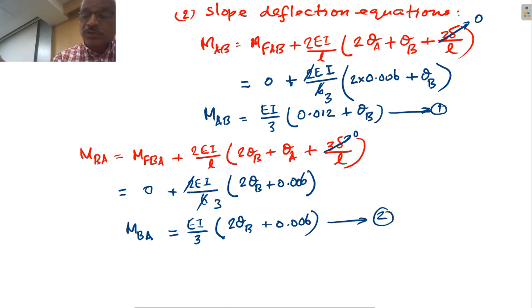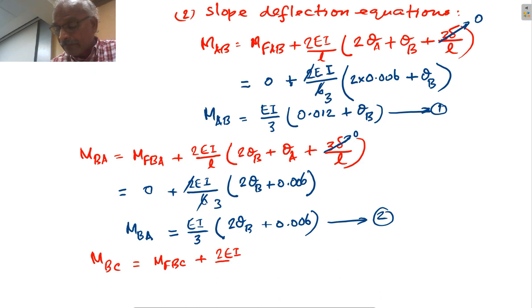Right. Coming to equation 3, MBC equals M of BC plus 2 EI by L into 2 theta B plus theta C plus 3 delta by L. So here delta is 0.